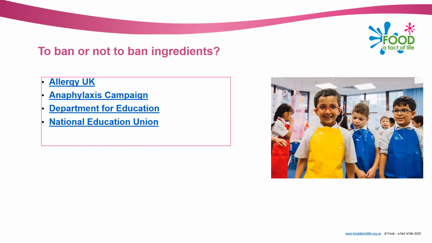But within the guidance from the Department for Education, they do stress that there shouldn't be barriers for pupils when they're taking part in activities at school. They actually say pupils with medical conditions should be properly supported so that they have full access to education.